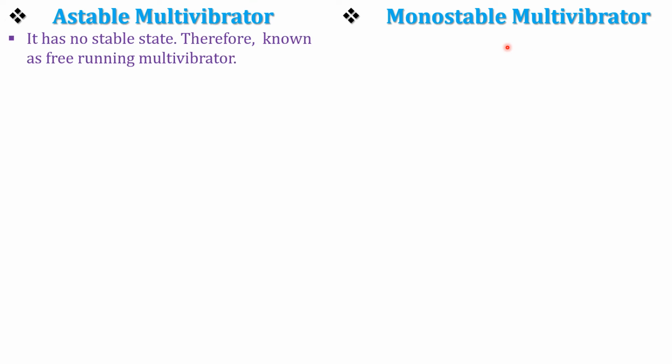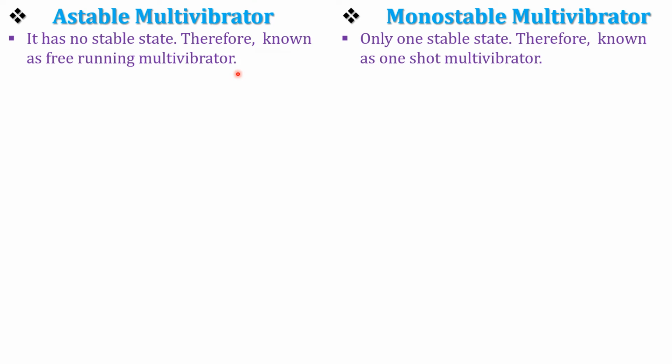Hence, for its one stable state, the monostable multivibrator is known as a one shot multivibrator. That we note here: for astable, no stable state, therefore it is a free running multivibrator, while for monostable, there is only one stable state, and it is known as a one shot multivibrator.